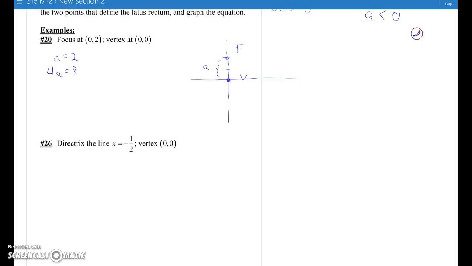And I can also see that this parabola must open upwards because the focus is always going to be inside the curved part of the parabola. So the distance from focus to vertex and vertex to directrix is always the same. So this is the same amount, a, which is 2. So this is the directrix. So the directrix is the line y equals -2.